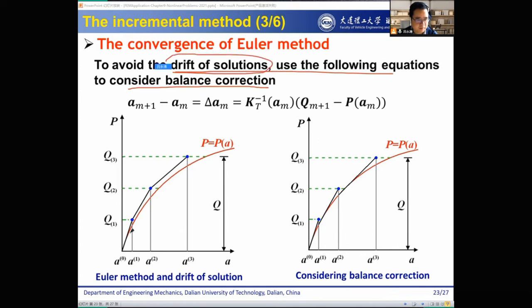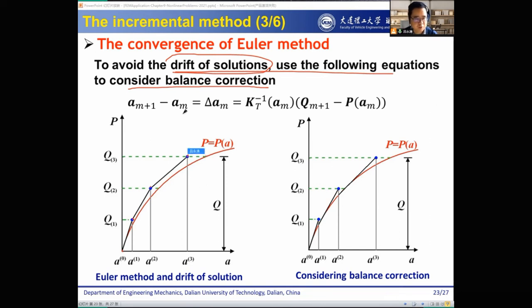For example, here we have A1, then we have Q1, Q2, Q3, and we can say Q1, Q2, Q3 are getting farther and farther from the right line. This is called the drift of the solution, which means it is getting farther and farther from the solution.